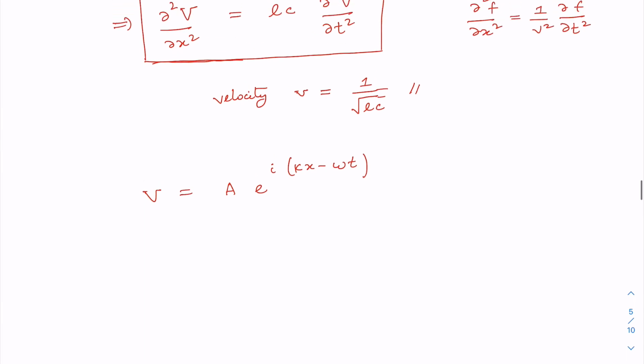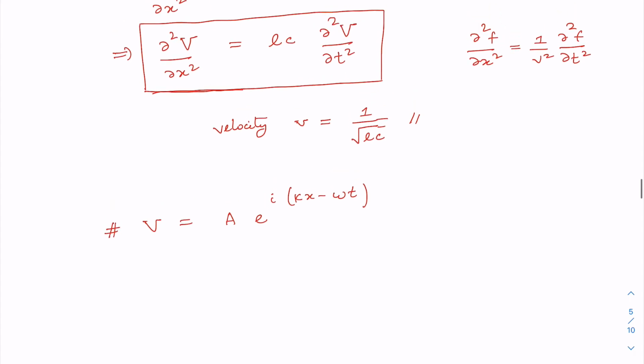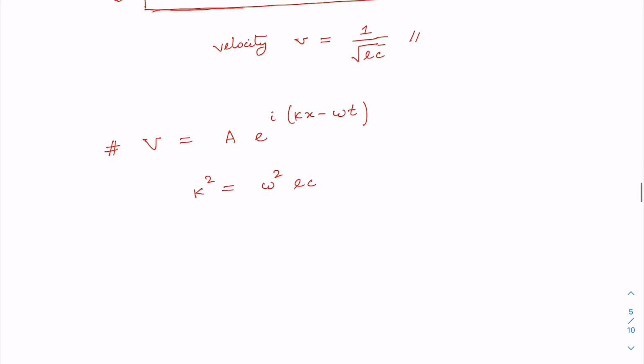If I put this solution into this equation, you will get the dispersion relation, k² equal to ω²LC. From here, ω by k, the magnitude, which is basically the velocity, is again 1 by square root of LC.